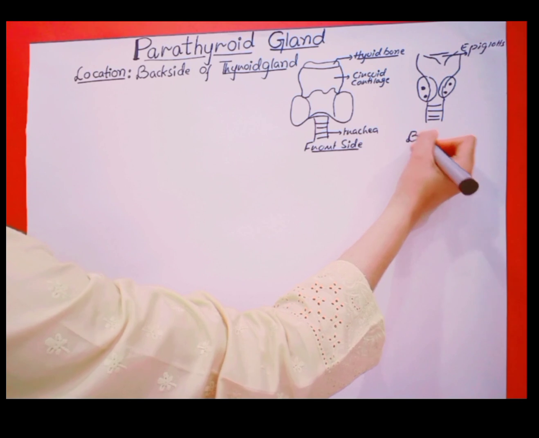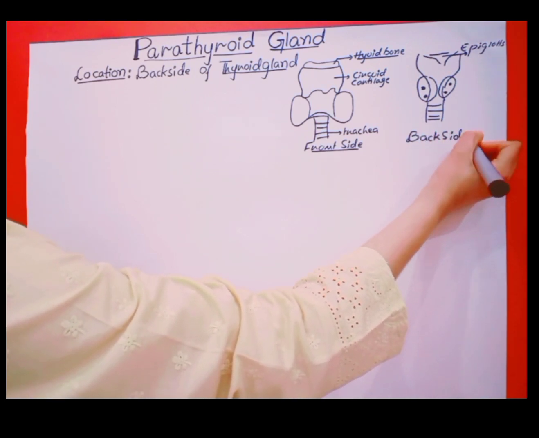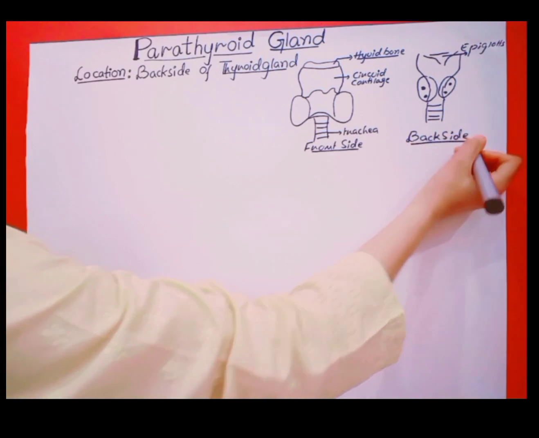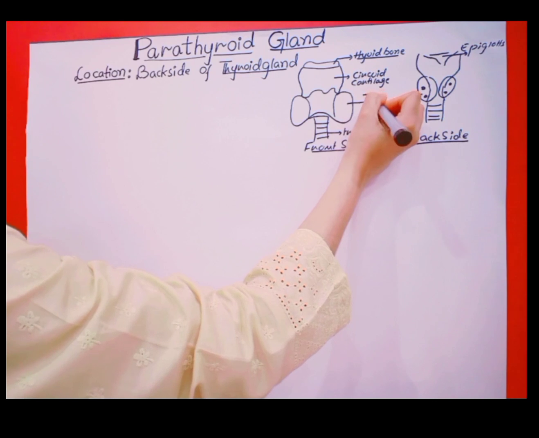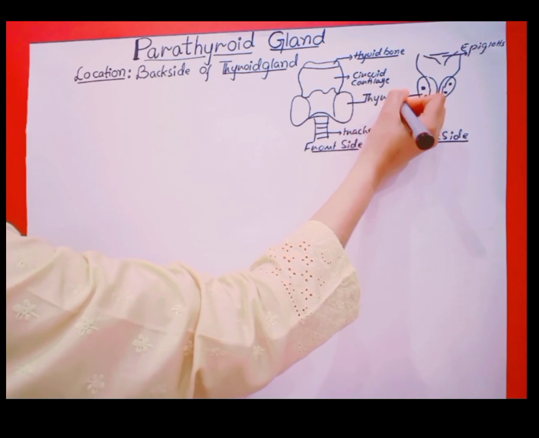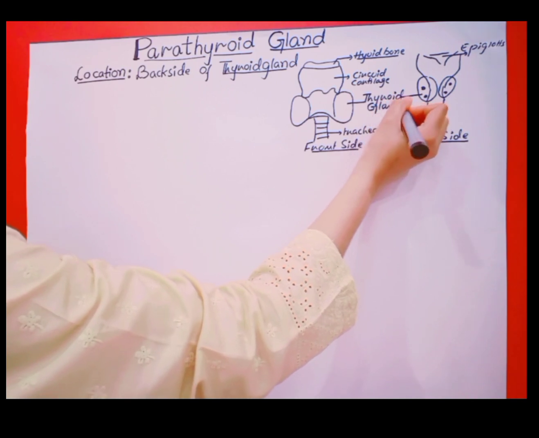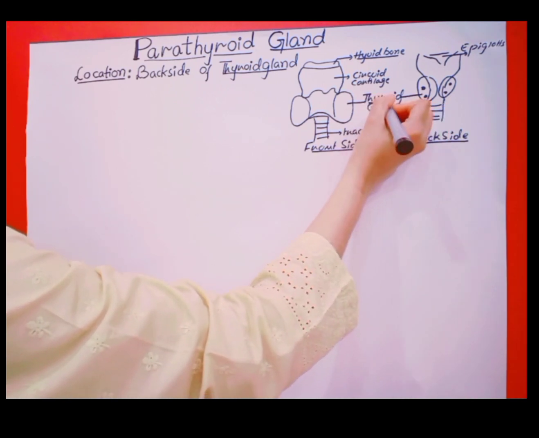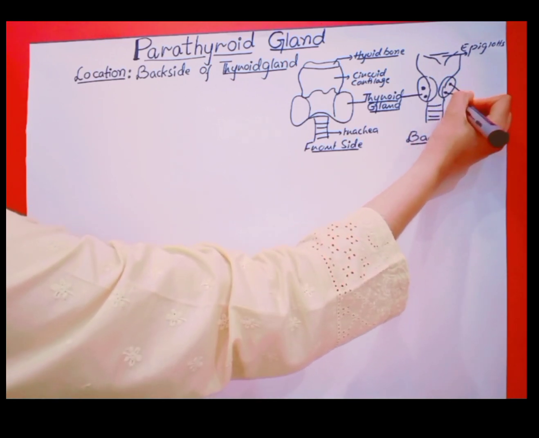This one is the back side of our windpipe. This is the thyroid gland. And these tiny structures are the parathyroid glands.